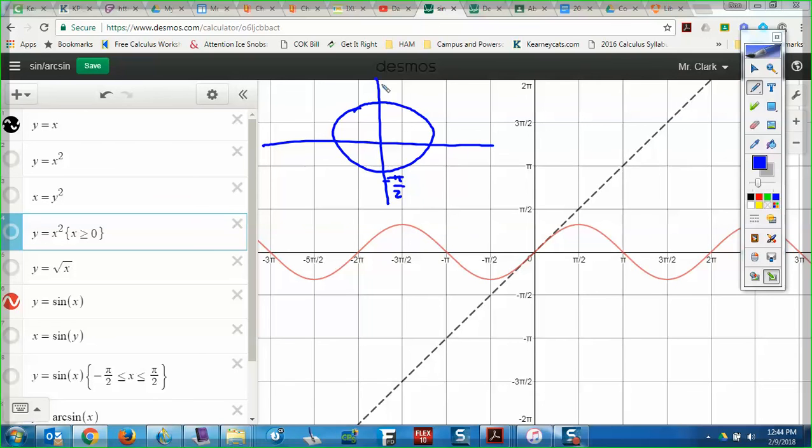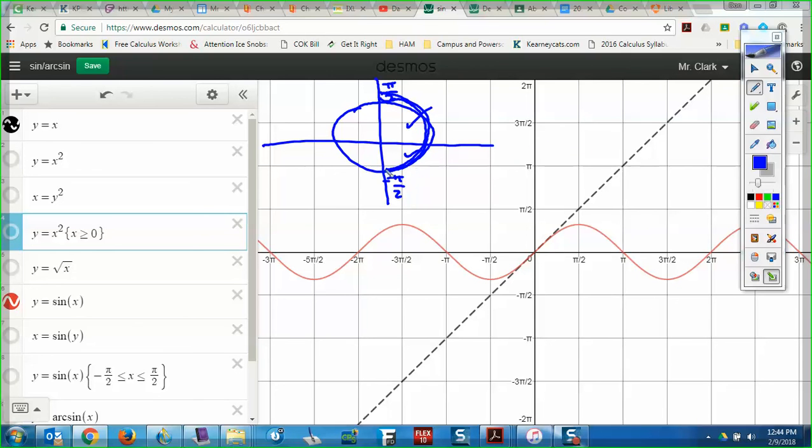Right? And here's pi halves. Okay? So you're saying if you go around and go negative pi halves to pi halves, that'd be that way. But remember, this is negative pi halves. If you go that way, that's going to be negative pi halves to negative 3 pi halves. So that's going to be 2 and 3. Negative pi halves to pi halves is this and this.